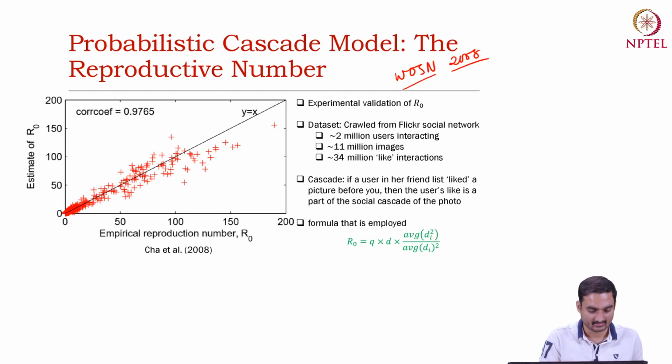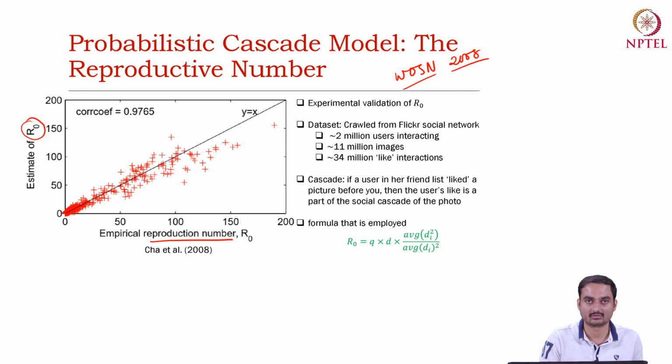What they did, they calculated the empirical reproduction number. So for every node, you look at how many neighbors are infected and so on, and you get an estimation using the theoretical value R0, which is q times d, right.